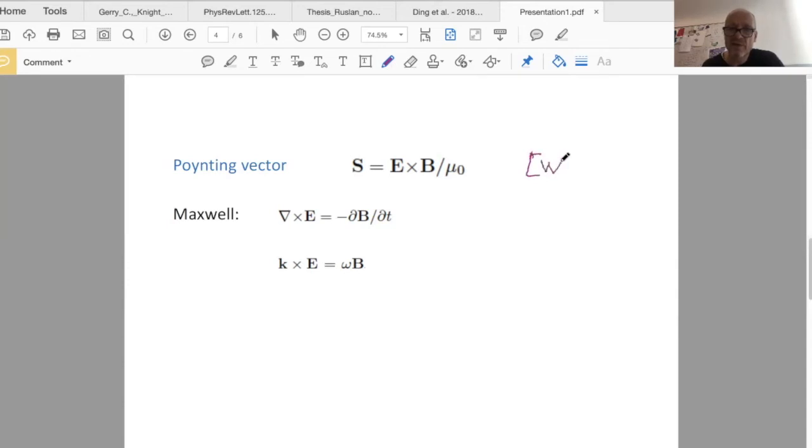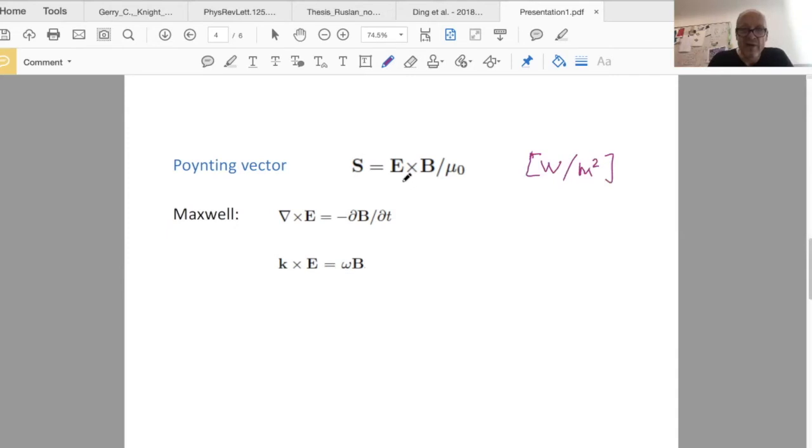So the Poynting vector is a quantity that has the units of watts per square meter. So it's the power flowing through a unit area. But this thing also has a direction. It is a vector. So it also tells you what direction the energy is flowing into.